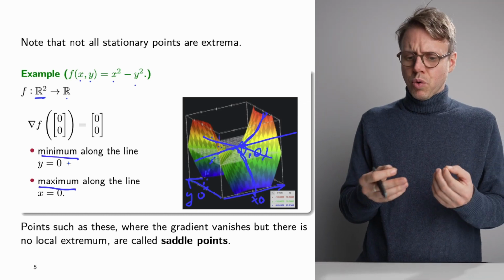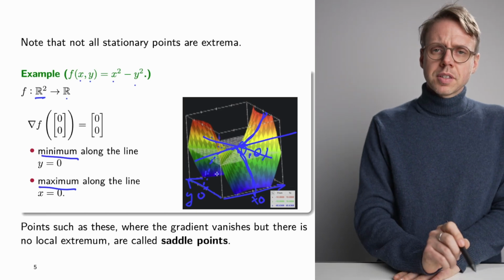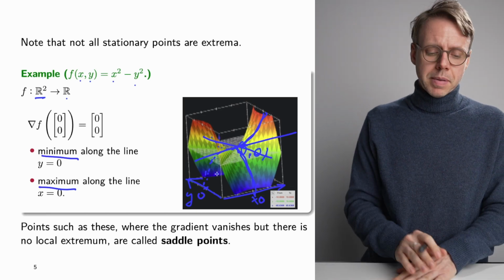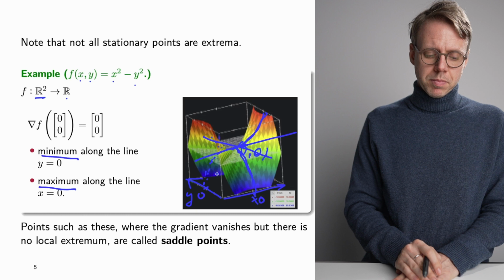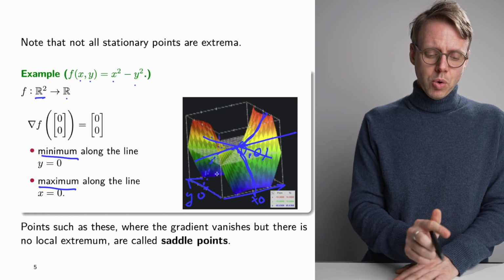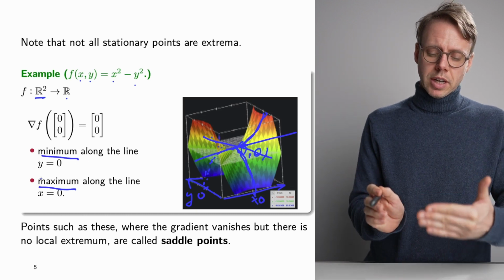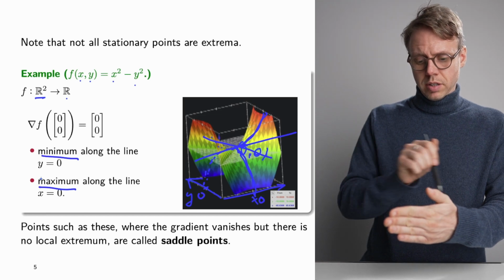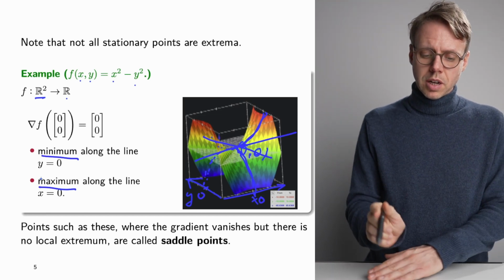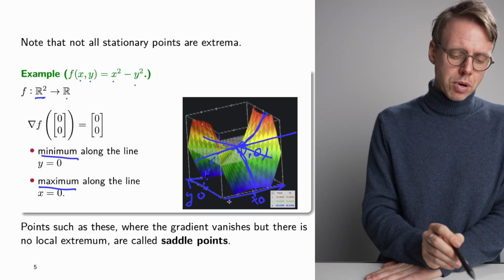But if we move in 2 dimensions, it would be neither a minimum nor a maximum. It's only a minimum or maximum if we look along one line, not along all the dimensions of this problem.